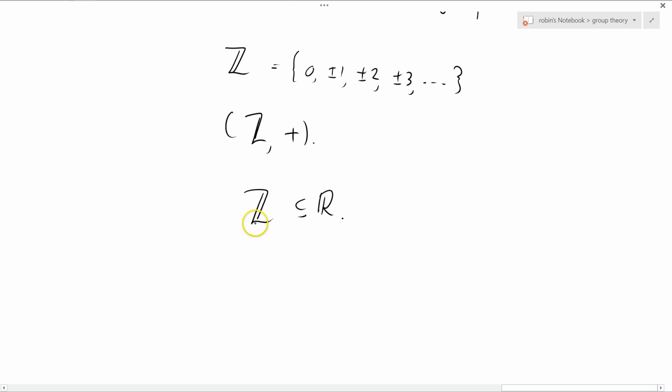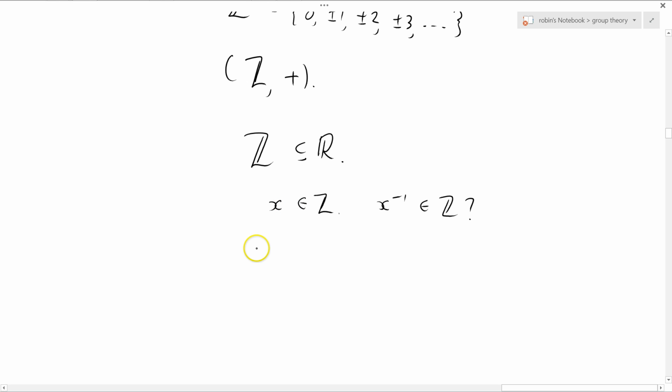But let's see if we can verify the group axioms. So if we've got x is a member of Z, then x^-1, is that in Z too? Well, if x is a member of Z, then x equals, let's call it n, then x^-1 equals minus n, which is also a member of Z. That's assuming n is positive.